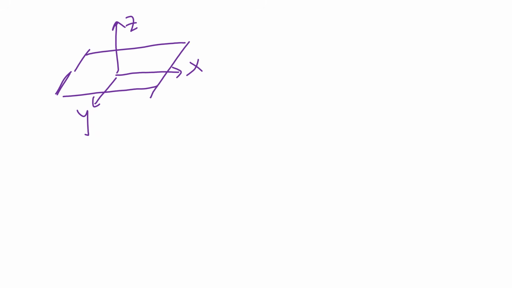So if my axis orientation is like this, let us say this is my z-axis, this is my x-axis, this is my y-axis, and if my surface is oriented like this, this orientation is called the z-plane, or it is also called the xy plane.